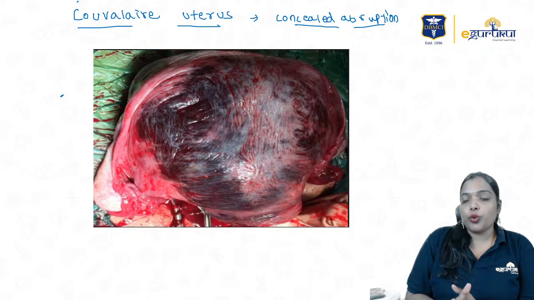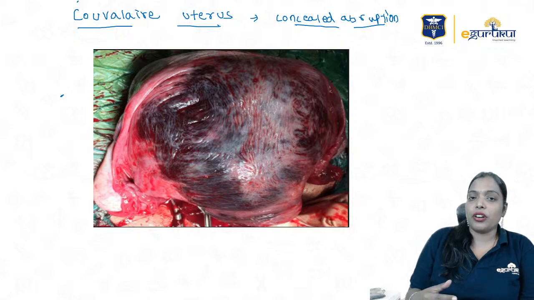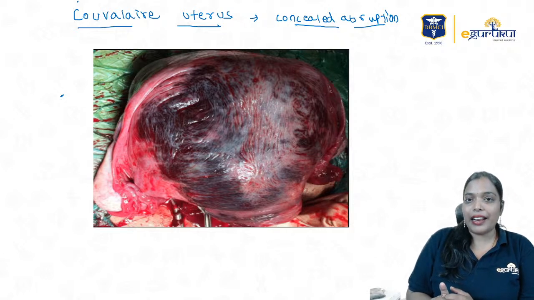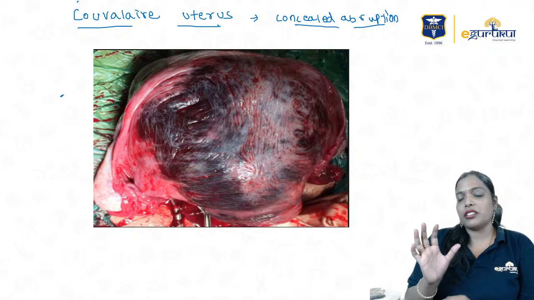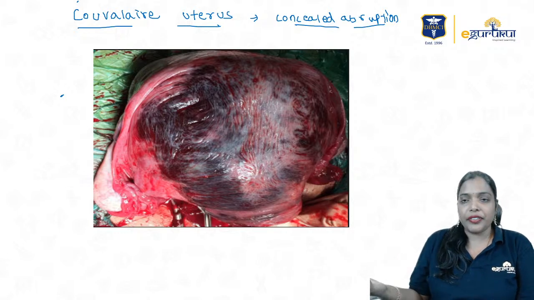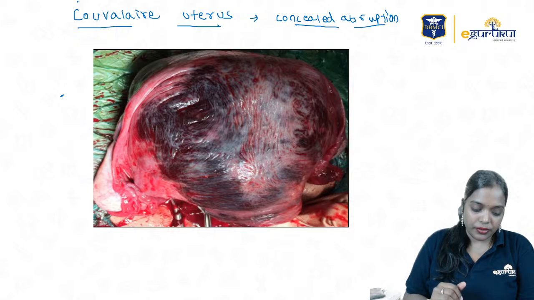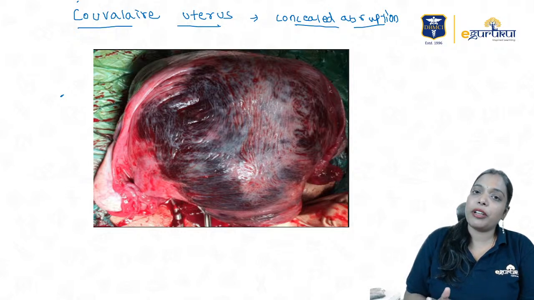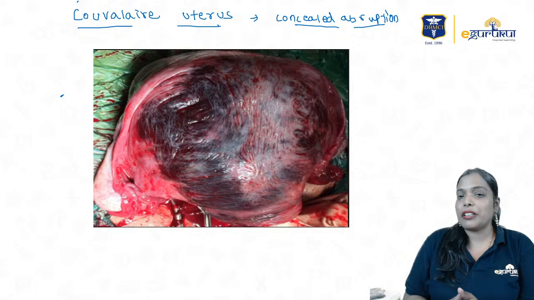So a patient comes to you at around 8 weeks with minimal bleeding. What will be your suggestion to her? If a patient comes to you saying, doctor, I have minimal bleeding at around 8 weeks, you can reassure her, because it can be placental sign also.